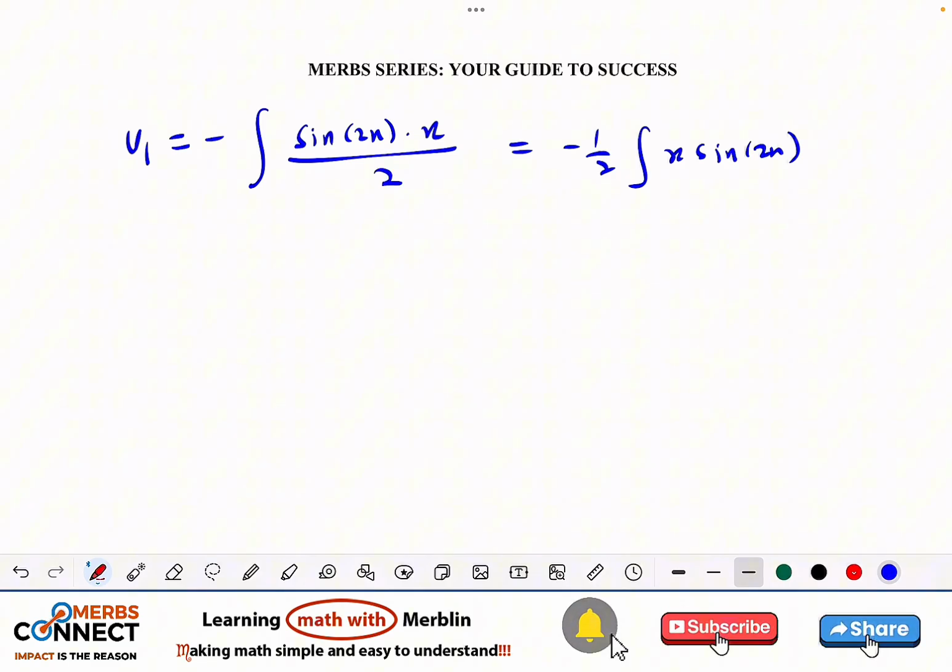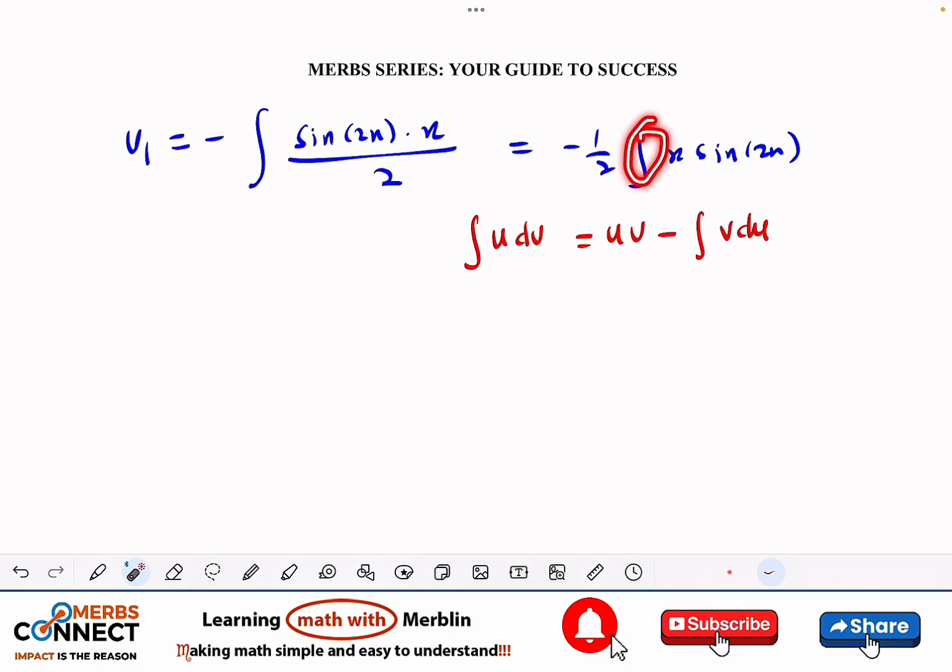don't have any option but to use integration by parts. So we need to remember our integration technique. The integration by parts formula is the integral of u dv is equal to uv minus the integral of v du, right? So what we are going to do is compare. This guy is this.